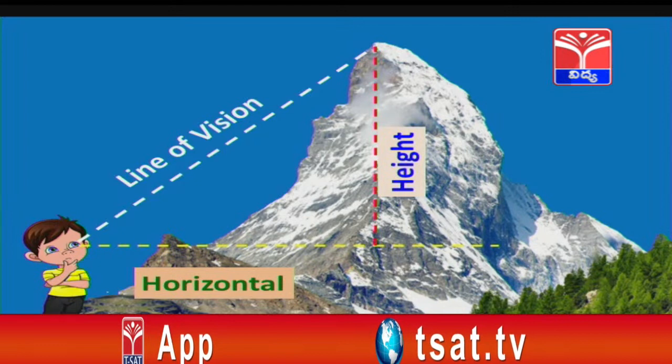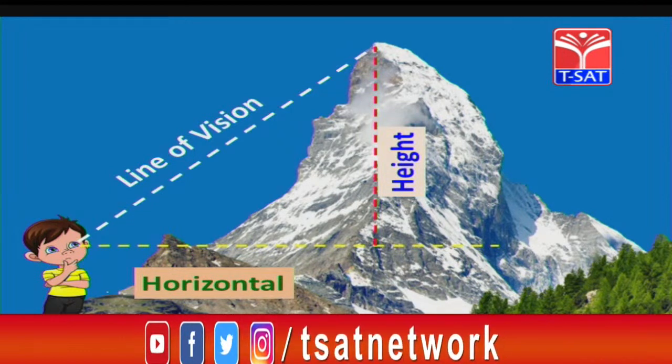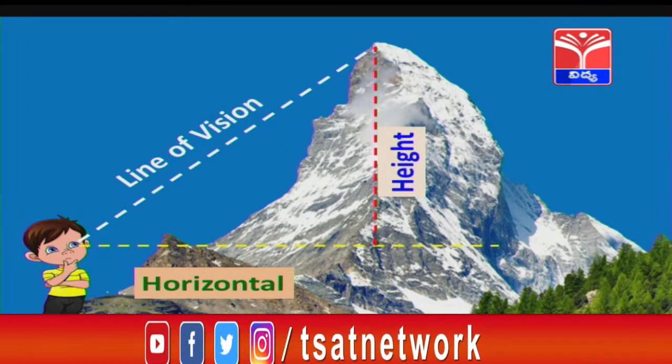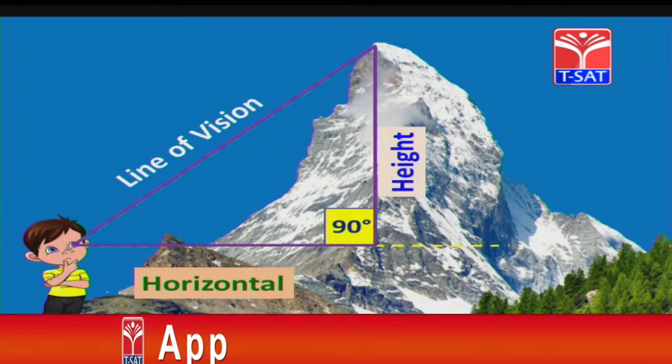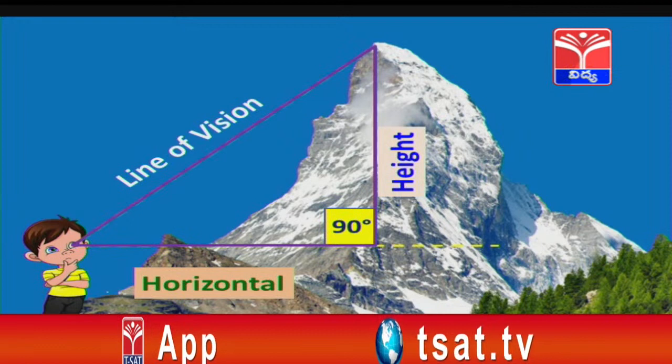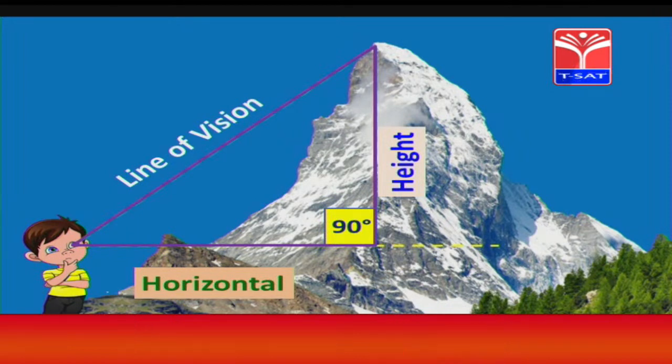You are able to see there are 3 lines, one is white, another is yellow, and the height is in red color. So, is it looking like a triangle or not? If it is looking like a triangle, you are able to see a 90 degrees angle, that is a right angle, between the height and the horizontal.